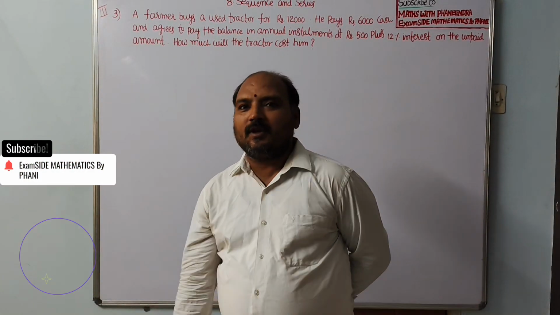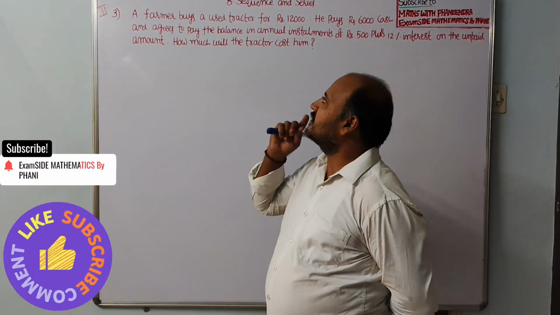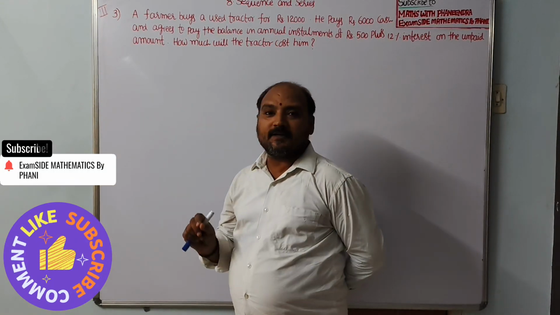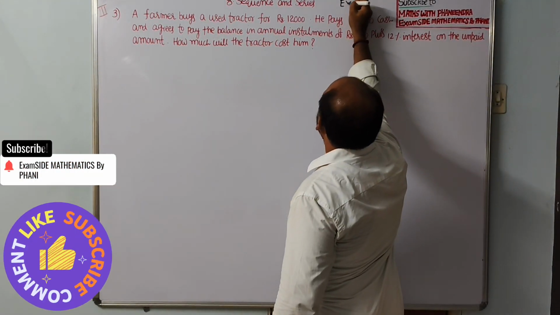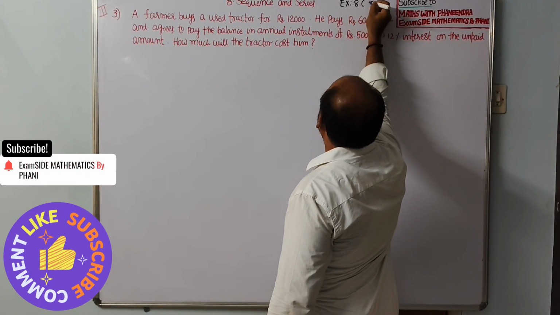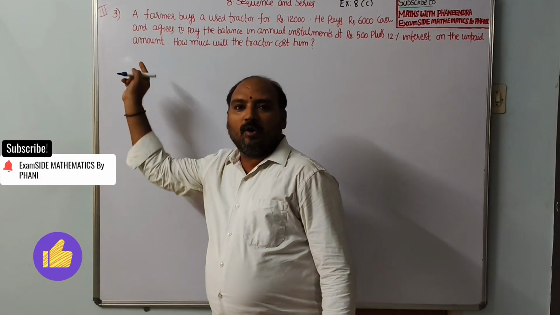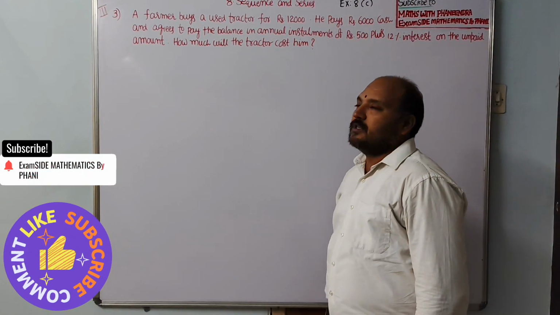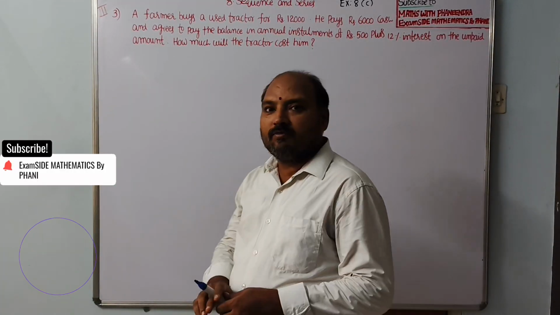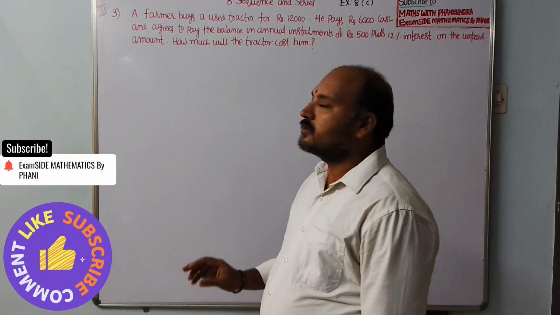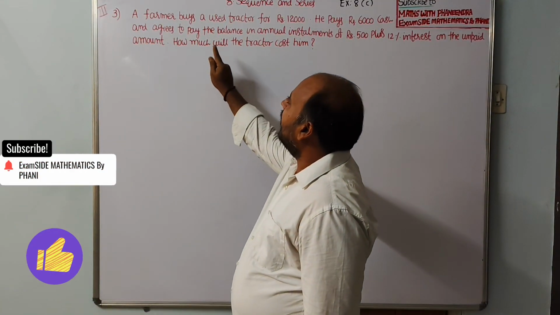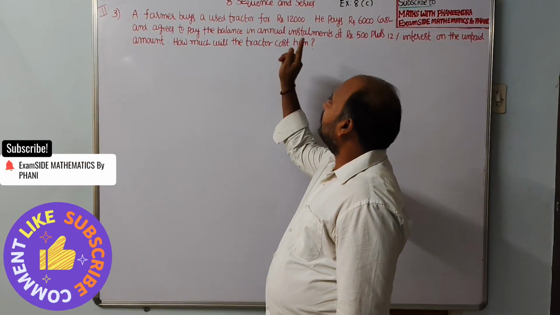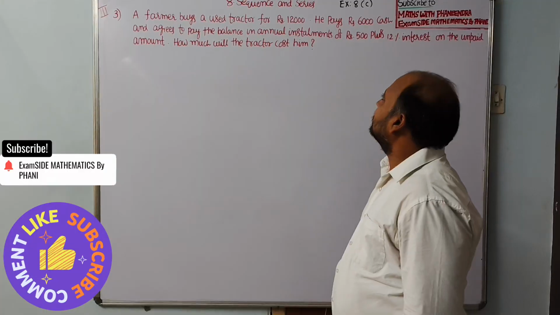Hi dear students. Here is a question from sequence and series. We are in exercise 8C, third question. This is a word question related to sequence and series. A farmer buys a used tractor for 12,000 rupees.